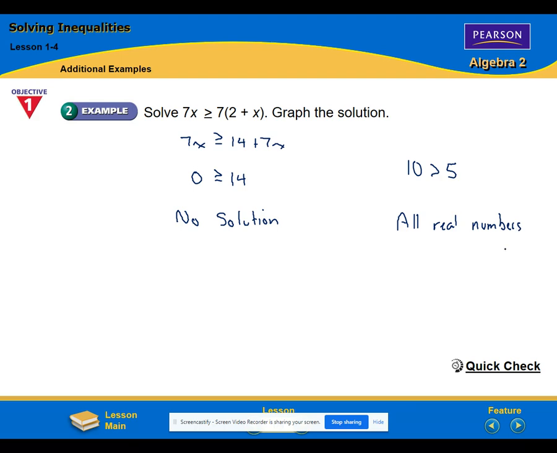Everything would be a solution. It doesn't matter what x is, 10 is always greater than 5. So we'd say all real numbers. And what would the number line look like on that? It would be everything. You would just draw a line with arrows. All real numbers is the entire number line shaded in with arrows going in both directions.